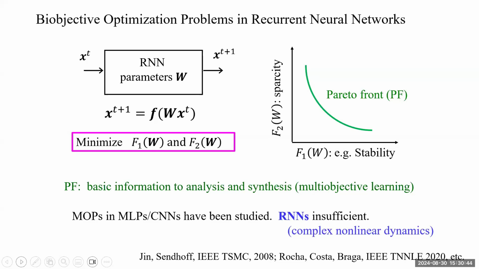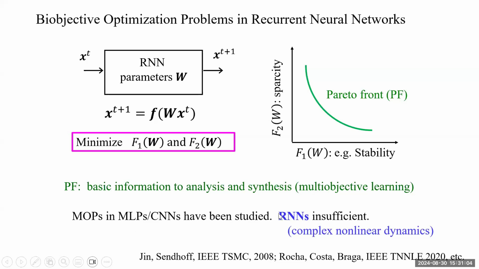However, the study of MOPs in recurrent neural networks is insufficient. The reasons include that the RNN is a very complicated nonlinear dynamic system exhibiting complex nonlinear dynamics.